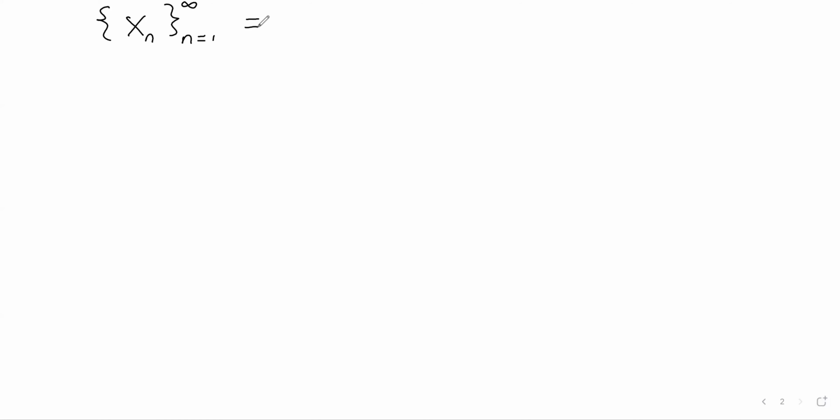And this is actually very similar to summation notation, where we have a starting value and an ending value, but sequences are infinite, so the ending value is written as infinity. So this is x sub 1, x sub 2, x sub 3, x sub 4.